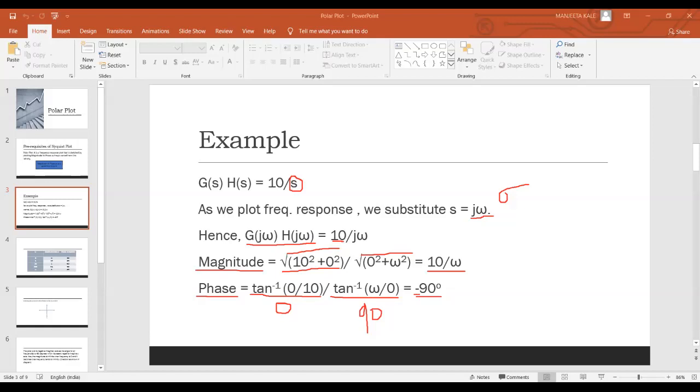Please observe one point: the phase in this particular problem is independent of frequency. There is no omega variable in this phase. So whatever the magnitude might be, when frequency is varied from 0 to infinity, the phase is going to be fixed at minus 90 degrees, right?